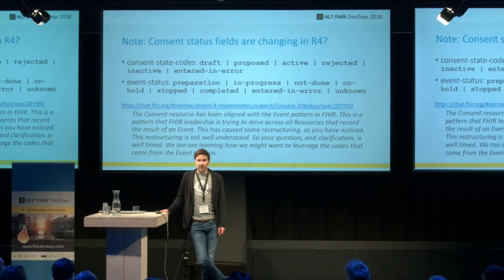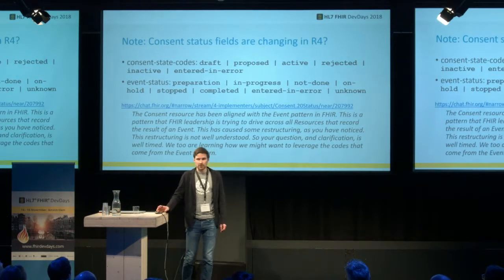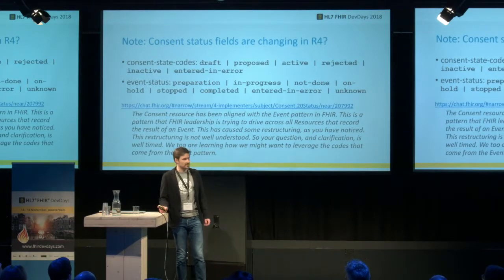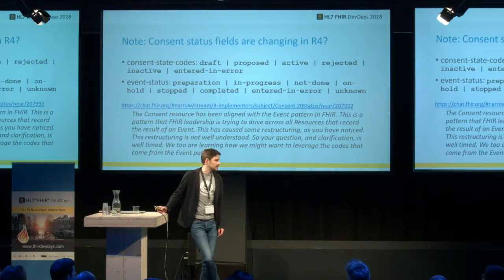And R4 doesn't have those. Rather, it's mixed between this event status codes, and those are different. And someone else did ask about that, and someone else did reply that, okay, this mapping is still a work in progress. We are not entirely sure what that means.